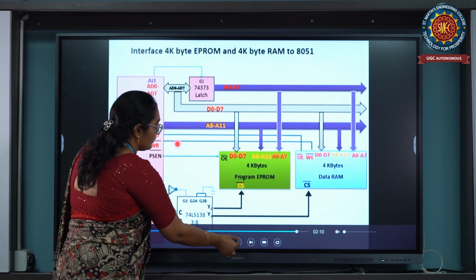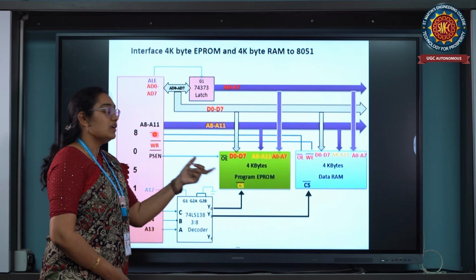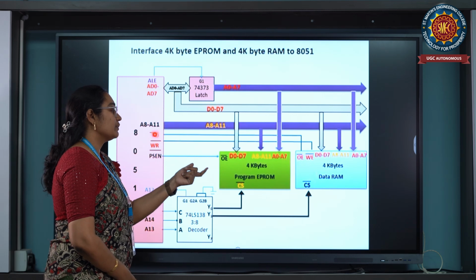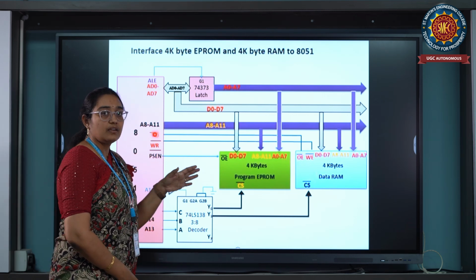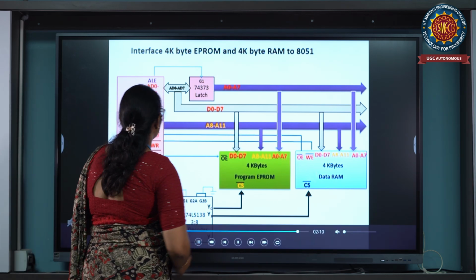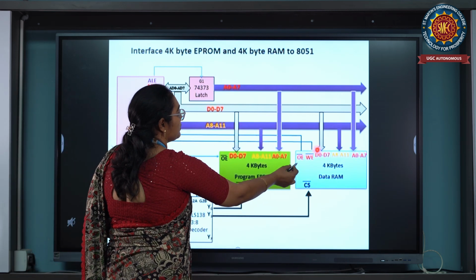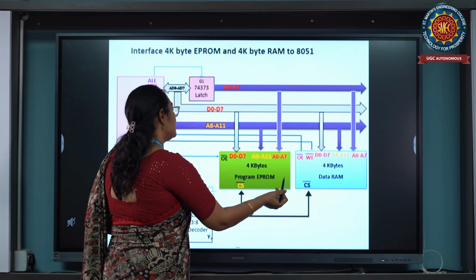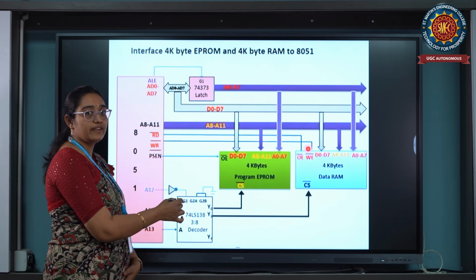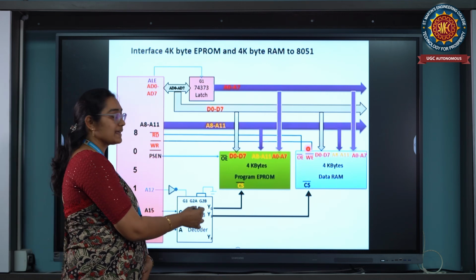Through the output enable pin only, we can enable access to the internal and external program memory. And here the write and read bar signals of port 3 are connected to the output enable and write pins of the 8051 microcontroller. Okay. This is the diagram for interfacing of 4 kilobytes of read-only memory and random access memory.